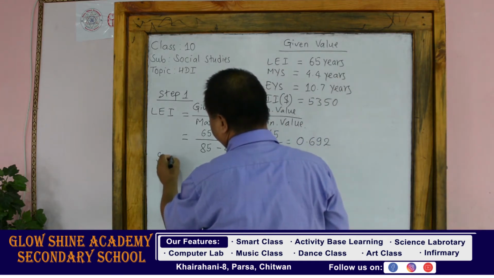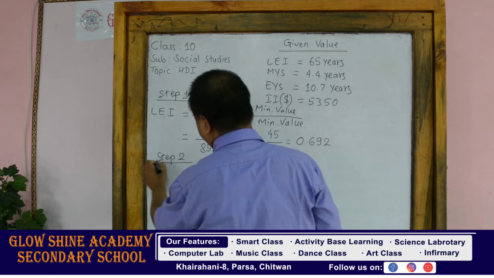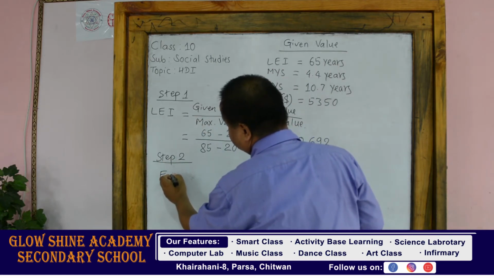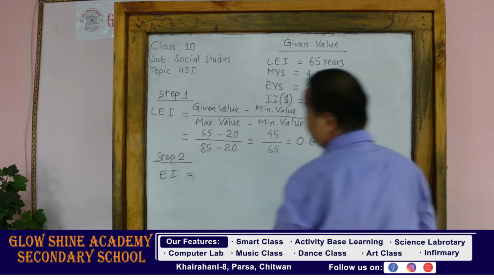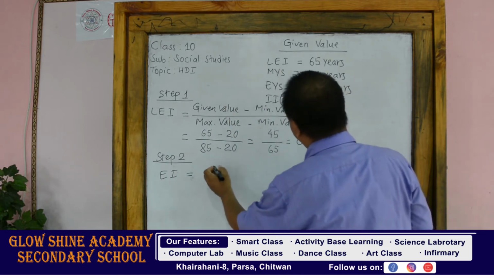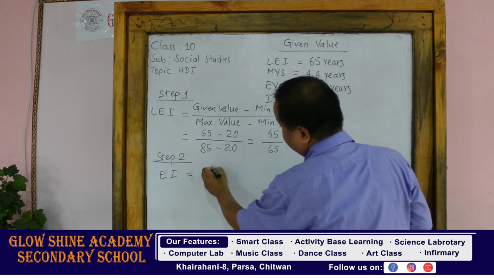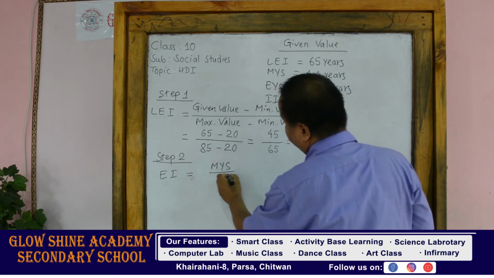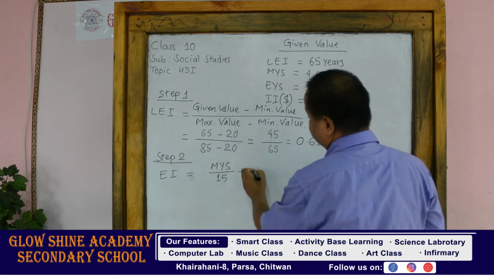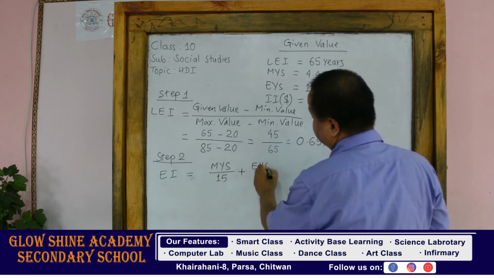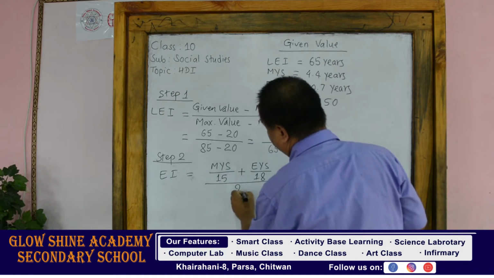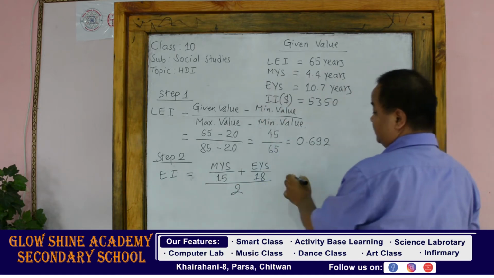Step 2. Education index. MYS divided by 15 plus EYS divided by 18, and whole divided by 2.